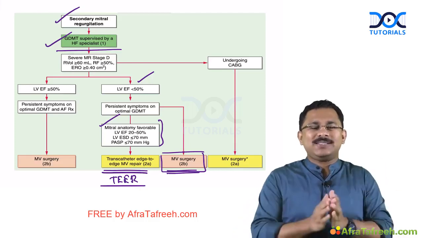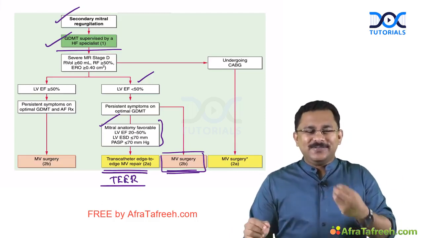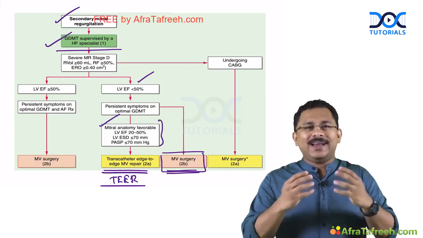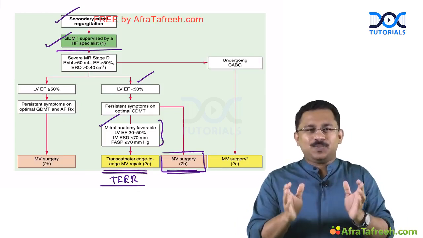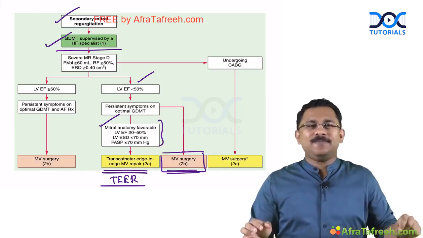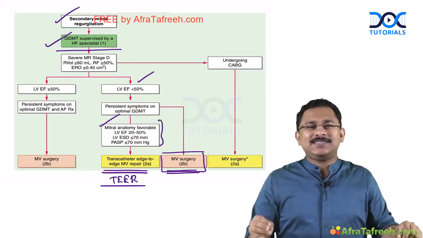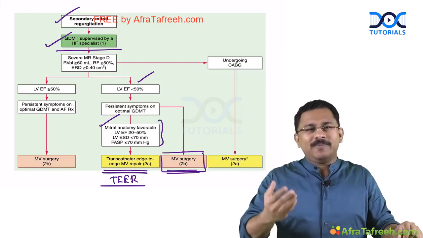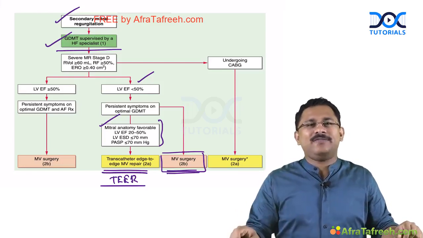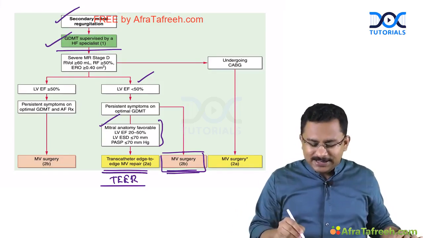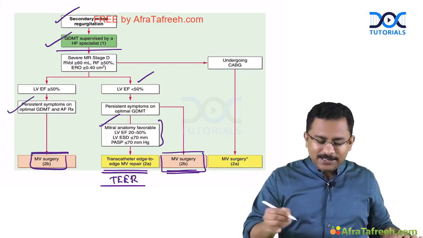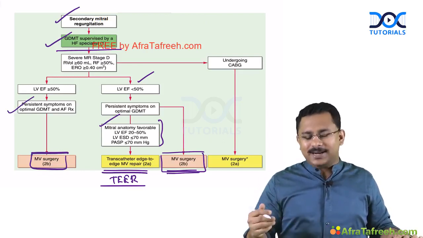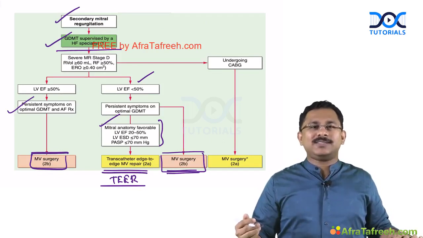Let's assume a patient with chronic severe secondary mitral regurgitation that has occurred from atrial annular dilatation, with a very much preserved LV systolic function and severe persistent symptoms like NYHA class 3 or 4, despite the best medical management you have offered. In such cases, if the patient has persistent symptoms on optimal guideline directed medical therapy and AF treatment, then with a class of recommendation 2B, you can go for surgery.